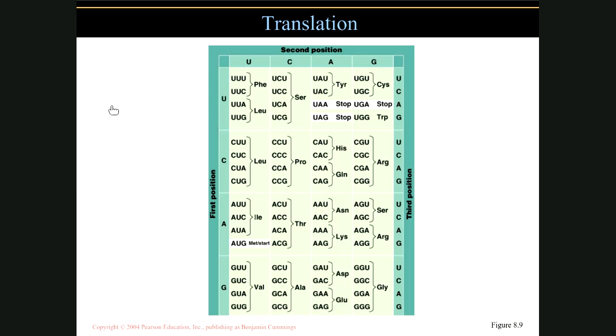So remember, in RNA, there is no T, it's U, right? And so what you need to be able to do, if I give you a piece of DNA, you need to write me the complementary messenger RNA sequence. And then you must also be able to use the messenger RNA sequence to find the amino acid sequence. Now, I don't expect you to know what all the amino acids are. I mean, that would be nice, but I don't expect you to know them.